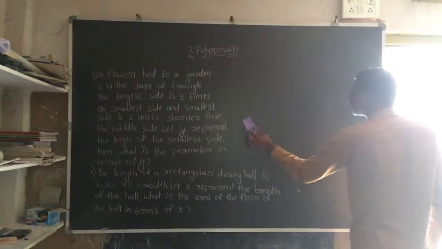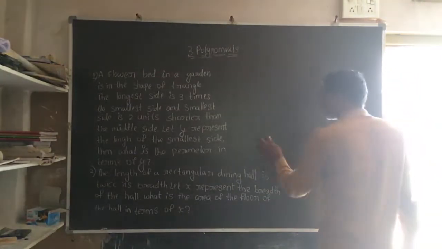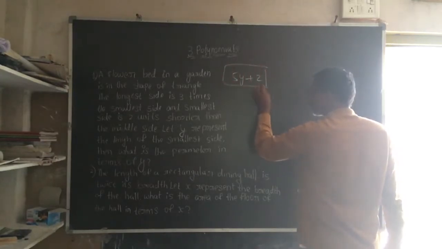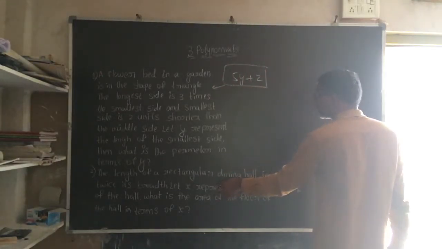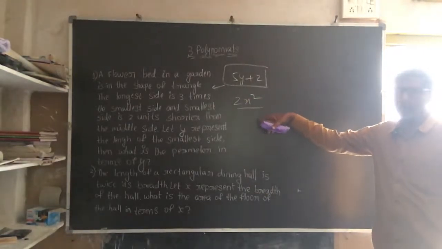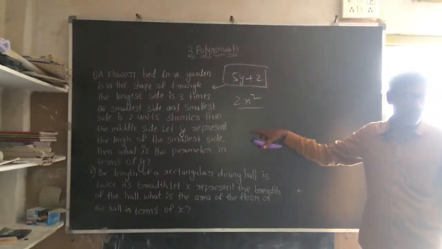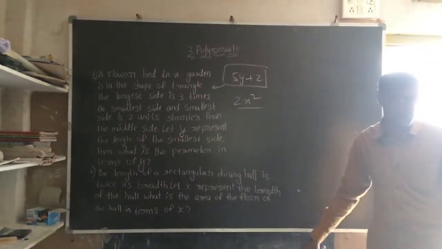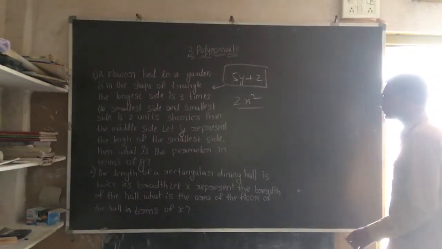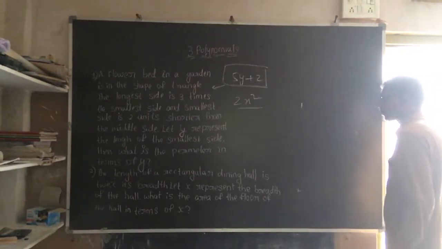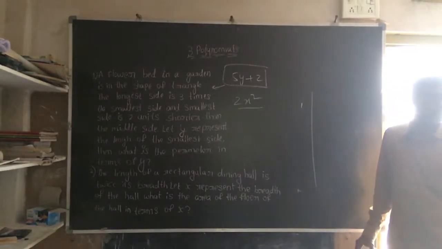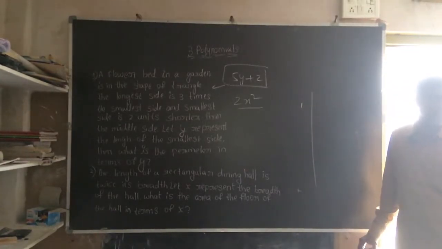The first one is 5y plus 2 for the first example, and for the second I gave 2x squared, right? These two polynomials were generated with the help of these two examples, right? Now coming to one more example. Suppose we take this.